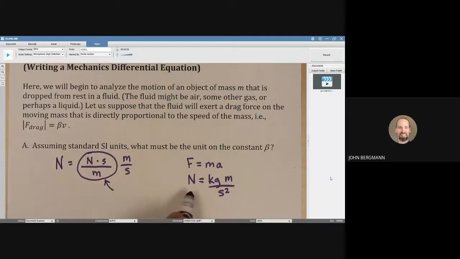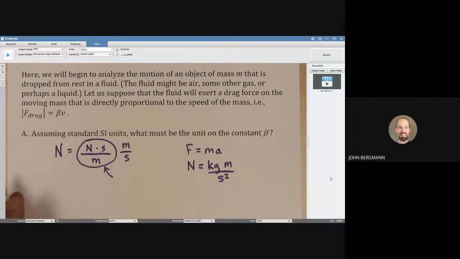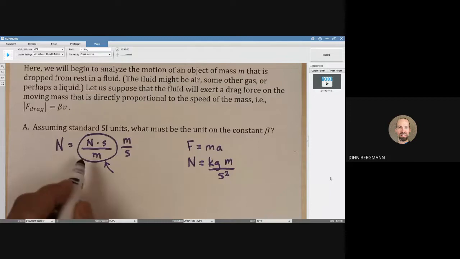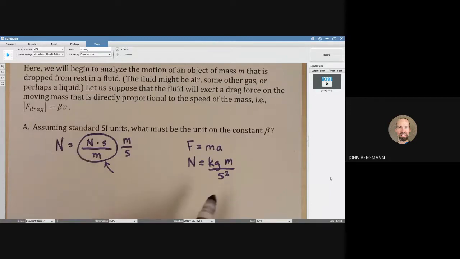So we could put that into here, and if we did, what would that yield us? The kilogram would stay, the meter would cancel, and then we'd end up with seconds in the denominator. So an equivalent unit would be kilograms per second. Either one of those would be fine. That's the unit for beta.